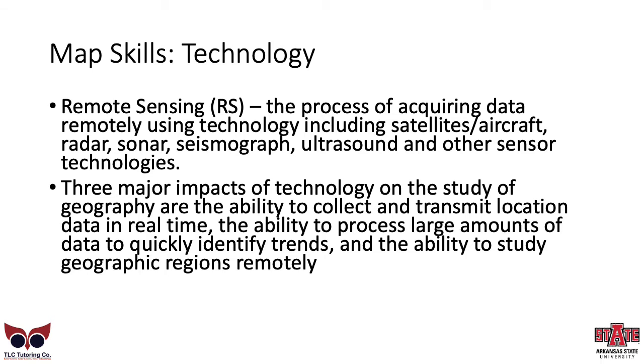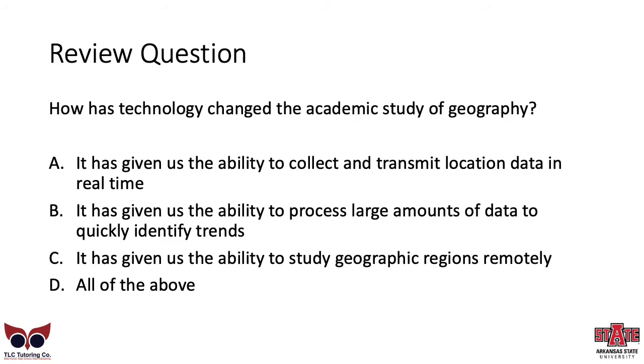Three major impacts of technology on the study of geography are the ability to collect and transmit location data in real time, the ability to process large amounts of data to quickly identify trends, and the ability to study geographic regions remotely. Review question. How has technology changed the academic study of geography?